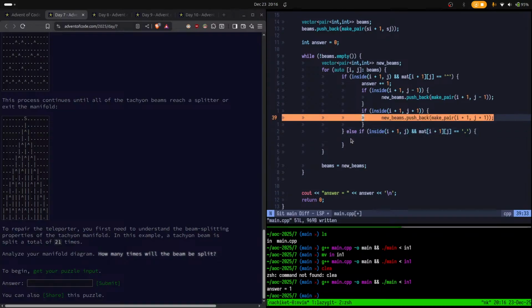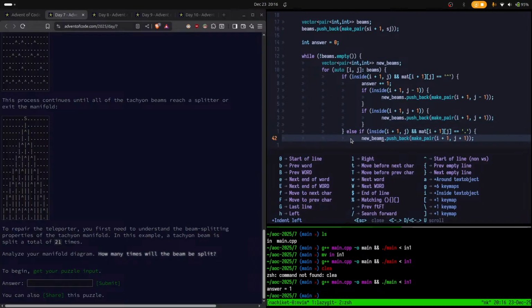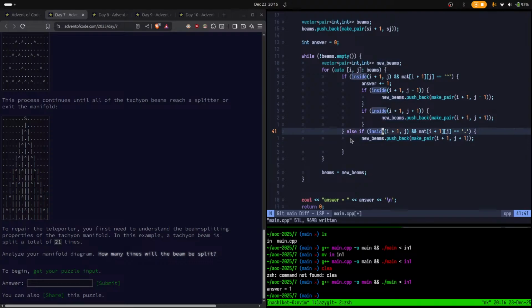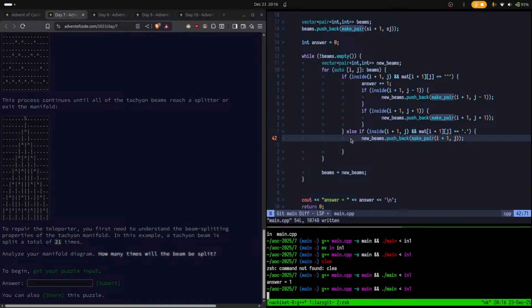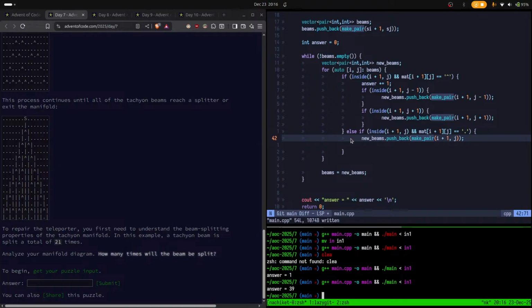In that case, the beam would simply be created on that side. It's 13.